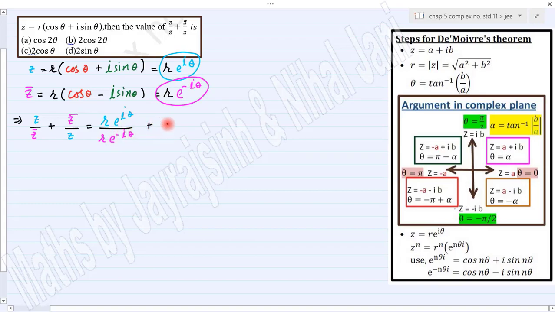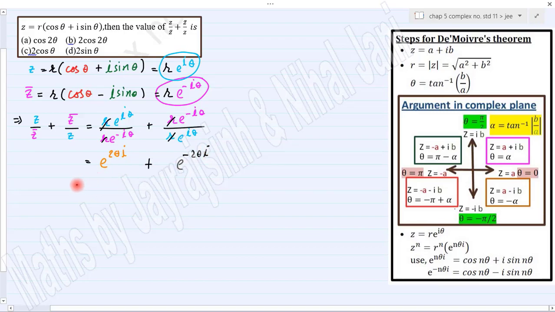Similarly, in second term, you will get r e raised to minus i theta, and in denominator you will get r into e raised to i theta. Now let's simplify. In first term, your r will cancel out and you will get e raised to 2 theta i, plus in second term, again r will cancel out and we will get e raised to minus 2 theta i.